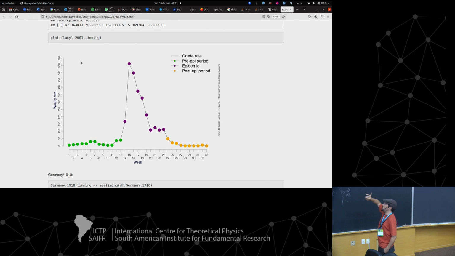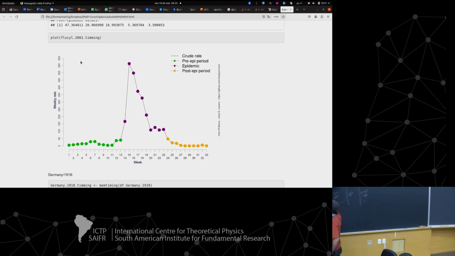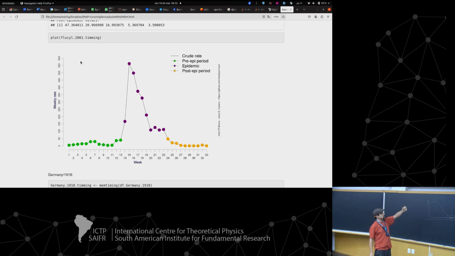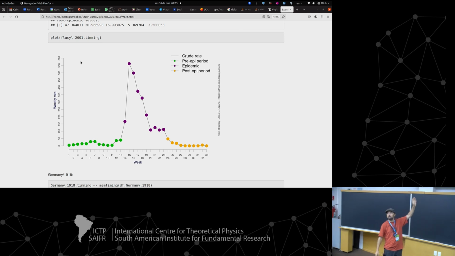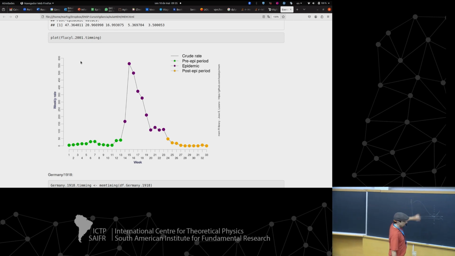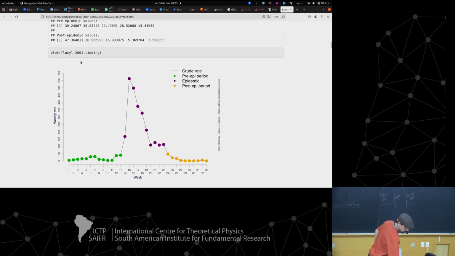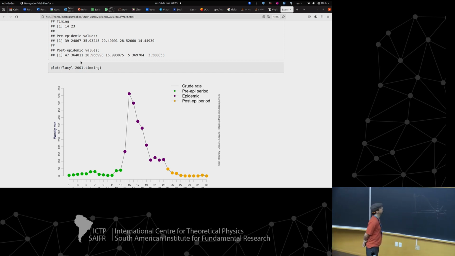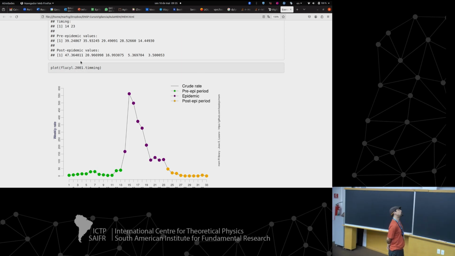So when we interpret this outcome, we have to remember that in this case, what we call the first week of the season corresponds in the yearly calendar to week 40 and then 41, okay? And you can see that the output attributes the beginning of the epidemic phase to row 14, and the end to row 23.